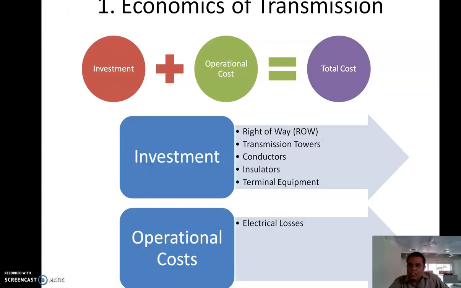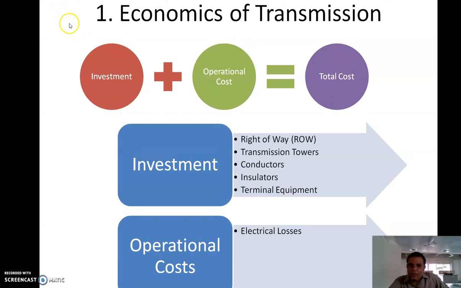Moving on, let's see the first comparison point, that is the economics of transmission. Now, when we talk about economics, we have to talk about the total cost which is incurred on transmitting power from one point to another point. So this total cost can be divided into 2 parts.